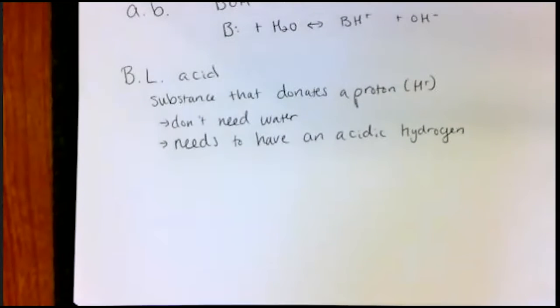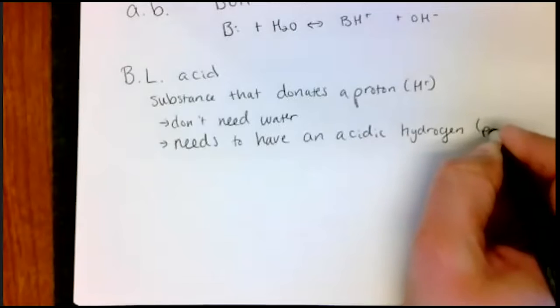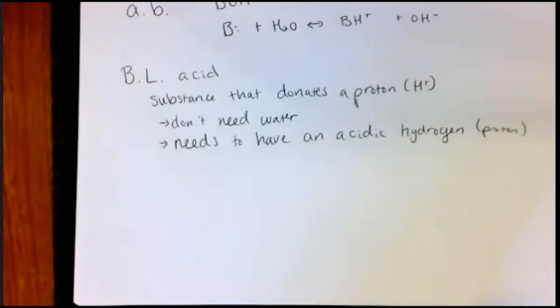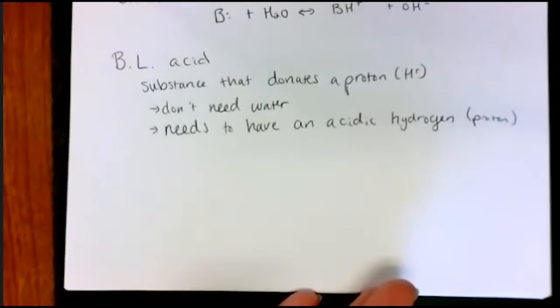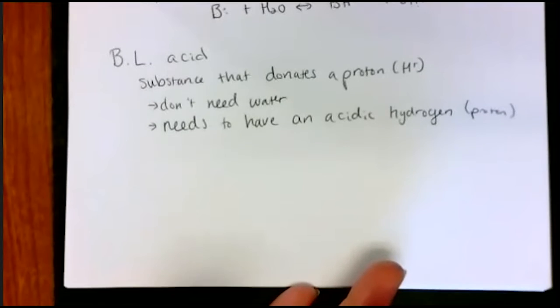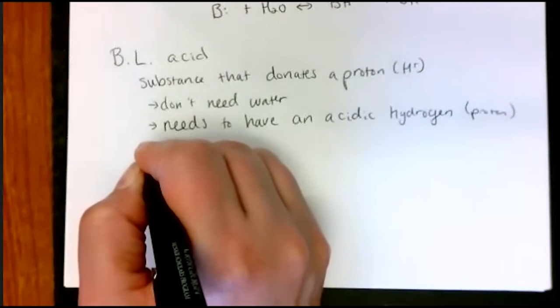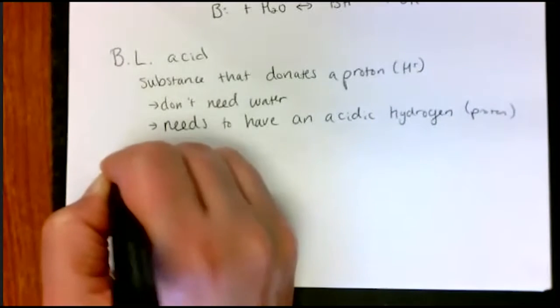With our Bronsted-Lowry acid, again, we have to have something with a hydrogen or a proton, an acidic hydrogen. So that's kind of the real restriction with that one.